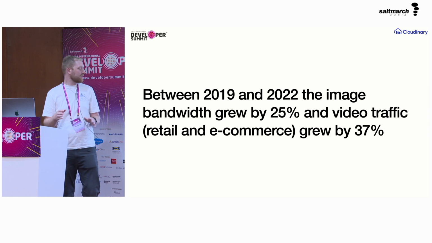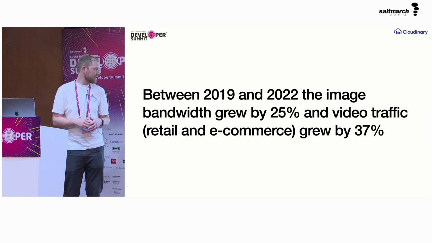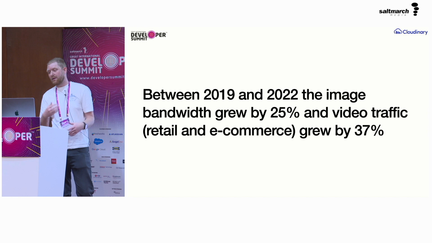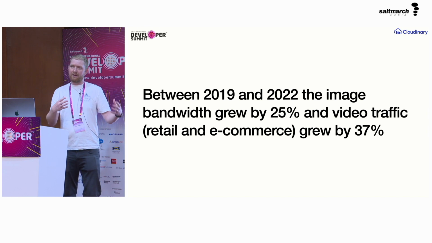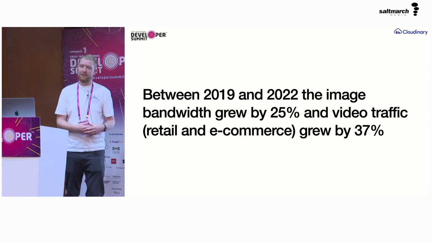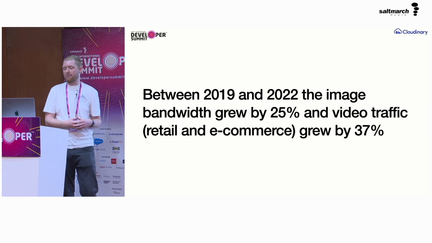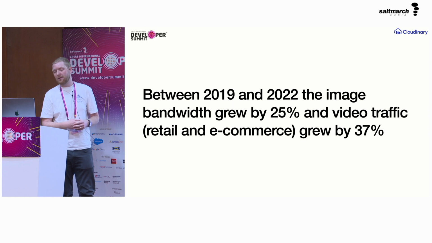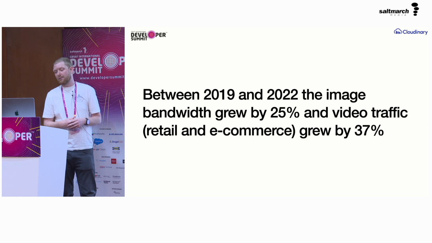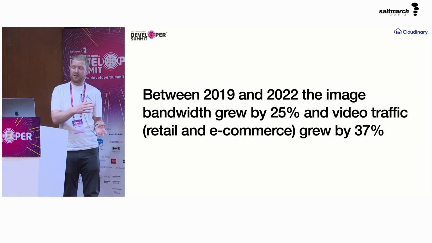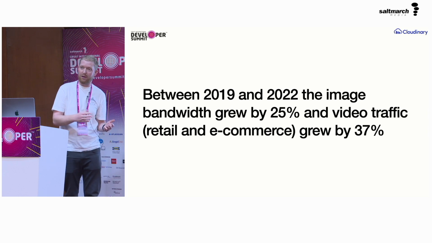This statistic is a little bit old now, but it is still relevant. I want to introduce you to the concept of scale and how big scale is when it comes to visual media. Between 2019 and 2022, image bandwidth on the web grew by 25%. And when we're looking at video traffic for retail and e-commerce, that was up by 37%.